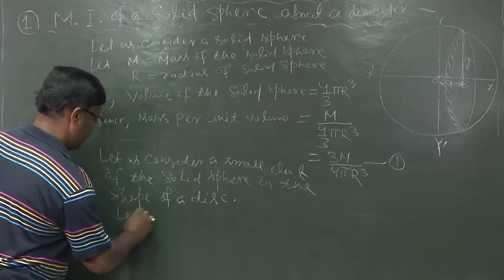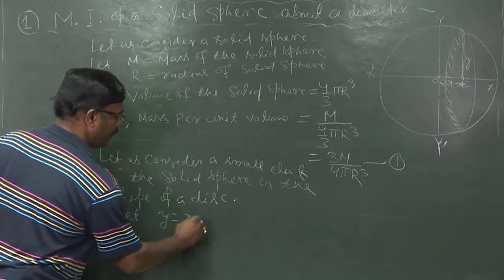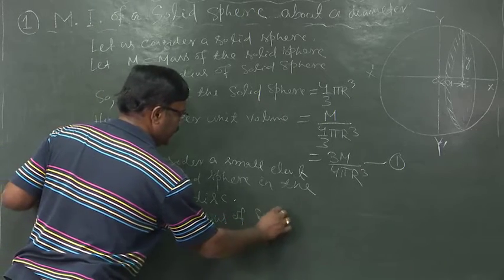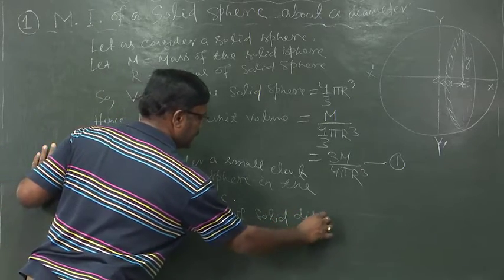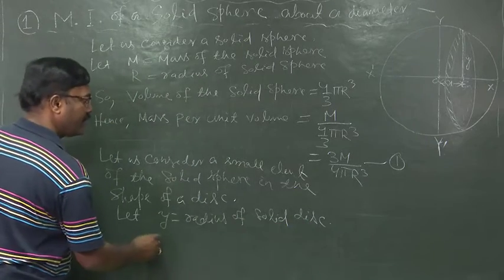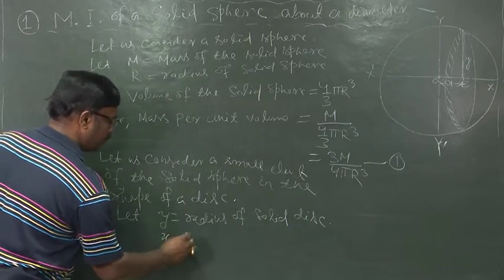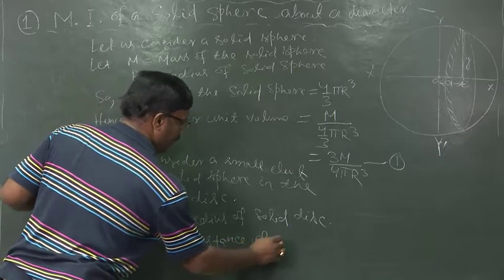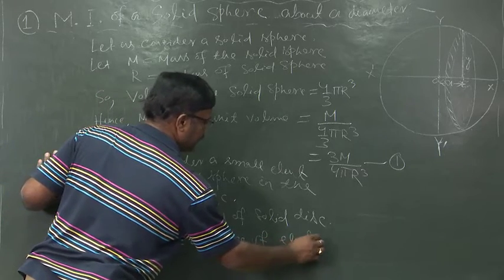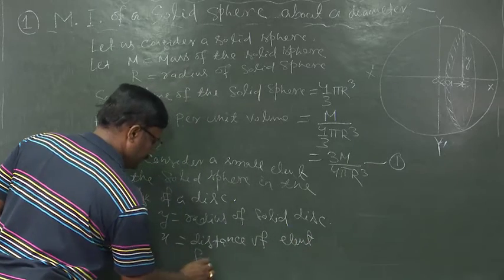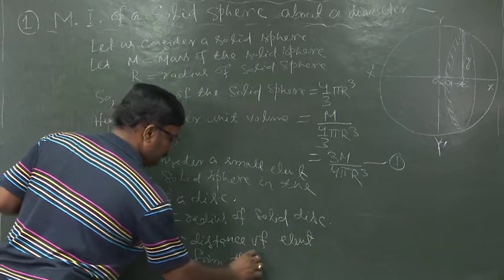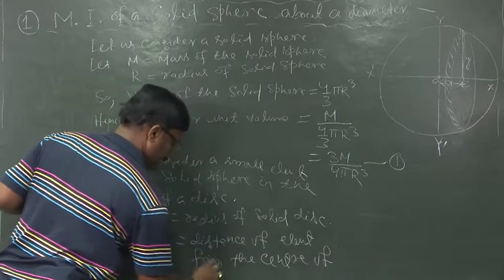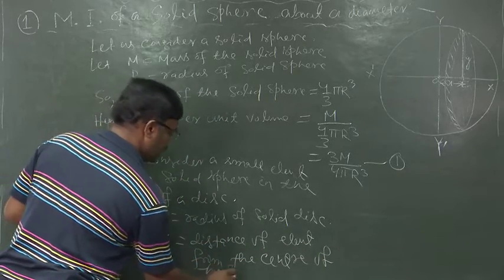Let y be the radius of the disc, and x be the distance of the element from the center of the sphere.